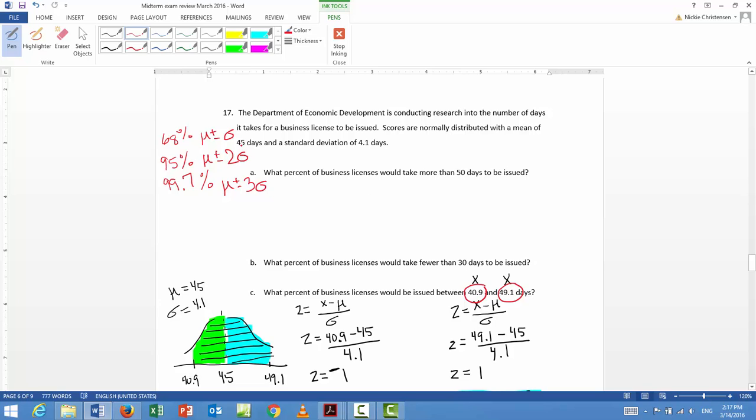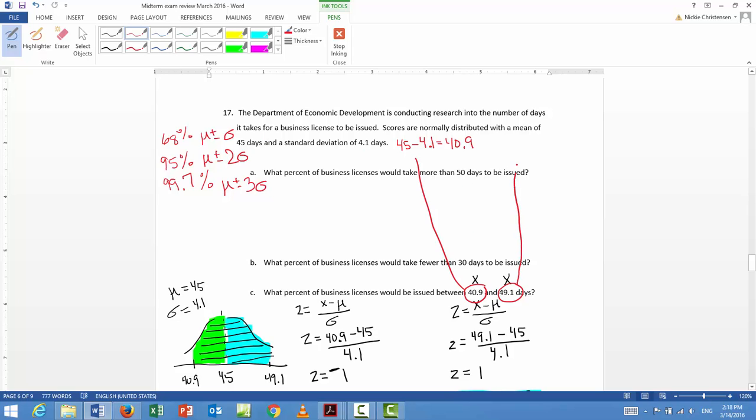Our mean is 45, our standard deviation is 4.1. 40.9 is equal to 45 minus 4.1, isn't it? So that's mu minus 1 sigma.